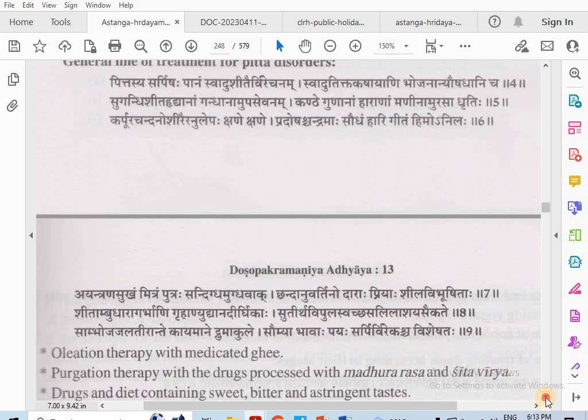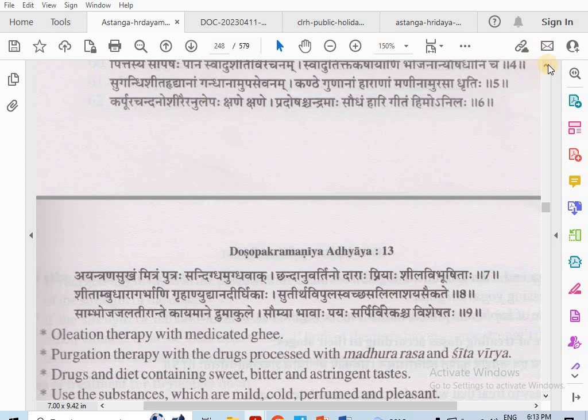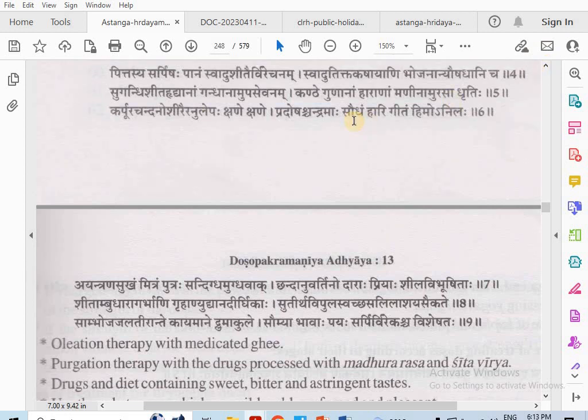So virechan therapy with swadu, sweet, and shita, cold virya substance, that is called swadu sitehi virechanam. So oleation therapy with medicated ghee, that is sarpishaha panam.